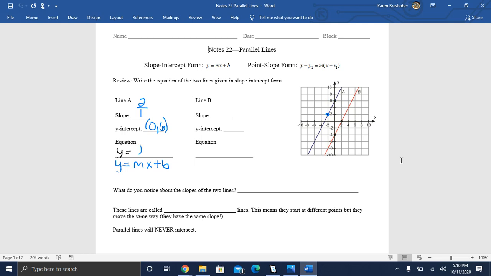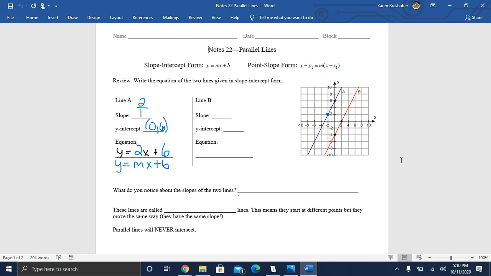Now, when we're writing it in the equation, we don't need to put it as a fraction unless it is one. And so y equals 2x plus, and then our b value for that graph was a 6, where it crossed the y-axis was at 0, 6. So y equals 2x plus 6.